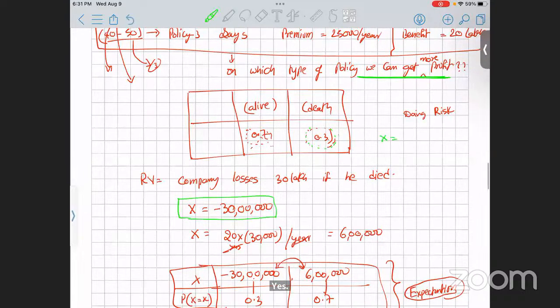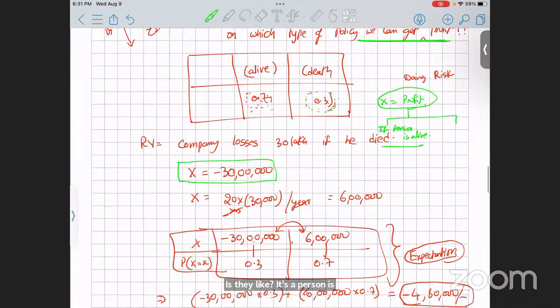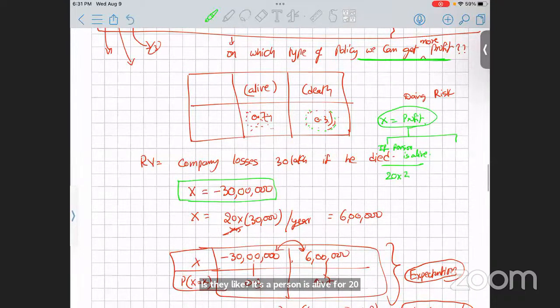Let X be the random variable which represents profit. There are two cases. If the person is alive for 20 years, the company will receive 20 into 30,000, at 30,000 per year. That is 6 lakhs.